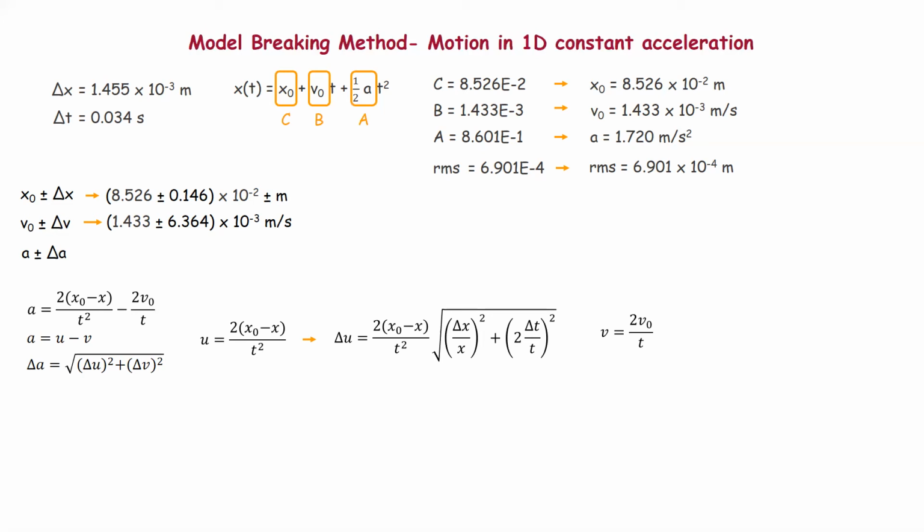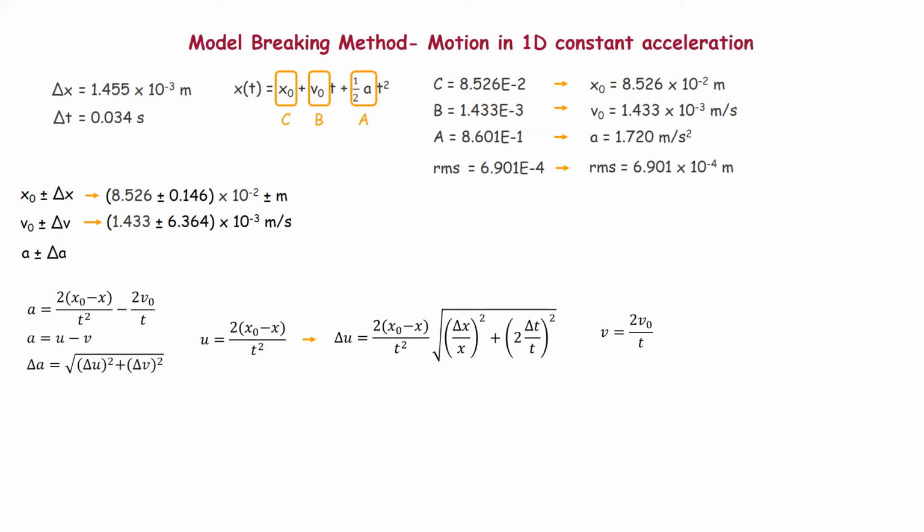And this has a formula. This formula is 2 times x minus x0 divided by t squared, multiplied by the square root of delta x divided by x squared plus 2 times delta t divided by t squared.